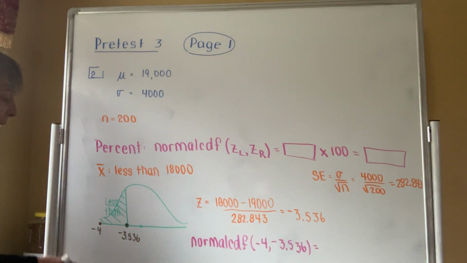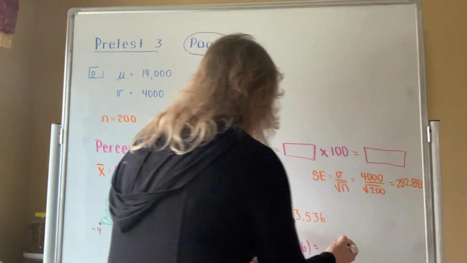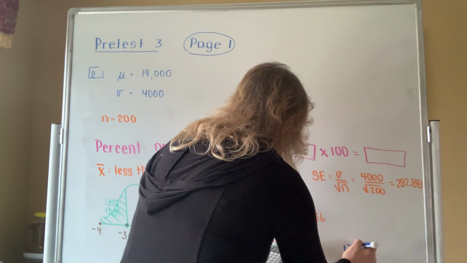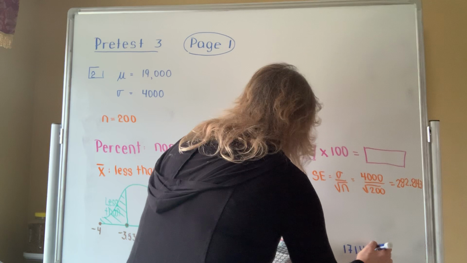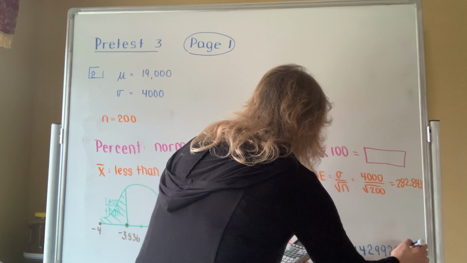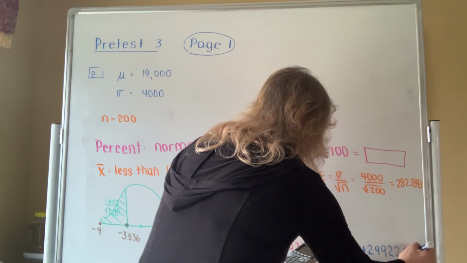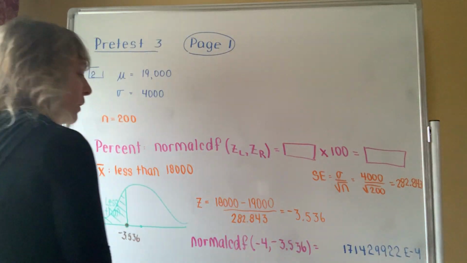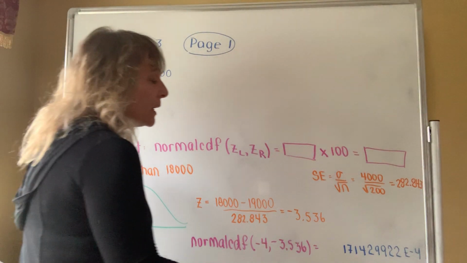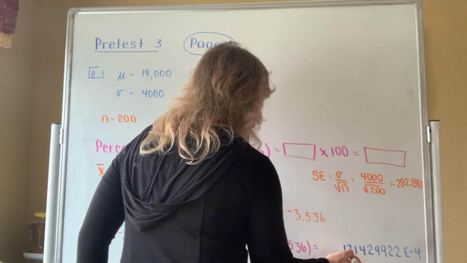So I'm changing the color, and I'm going to put it like this. 1.71429922E negative 4. Now we had gone over this, so I kind of like center it. I wish I had a little room on the right hand side of the board, but I don't. The E, oh, I forgot to put the decimal point in.